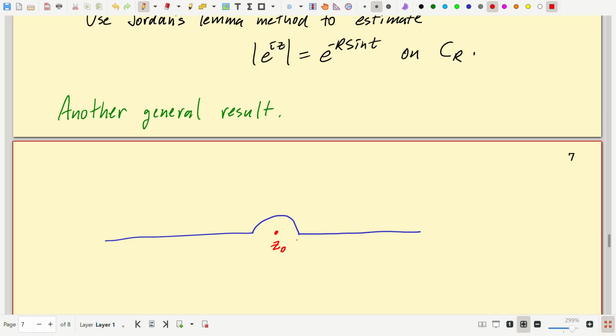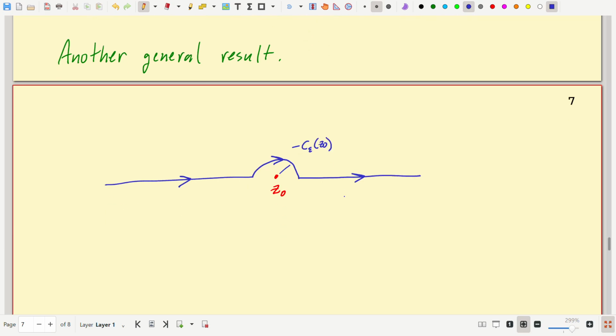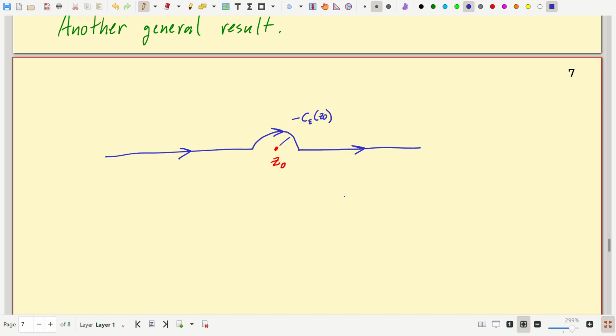We're usually going this way along the real line, and this is going to be a little C sub epsilon kind of thing, around z naught. And this is the real line here.